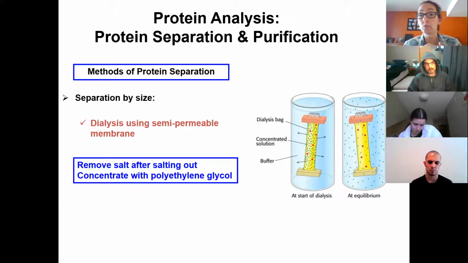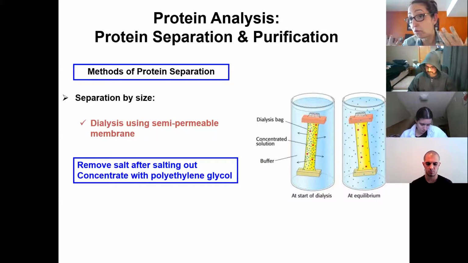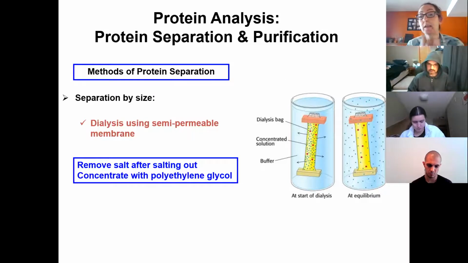And sometimes you also want to remove small sugars, so you can purify your protein even more. Dialysis is a very common technique we use mostly to remove salt, and sometimes to remove small sugars as well. It is an essential step at the end of protein isolation using alkaline or salt extraction, because you want to remove the salt that might impact structure and functionality.